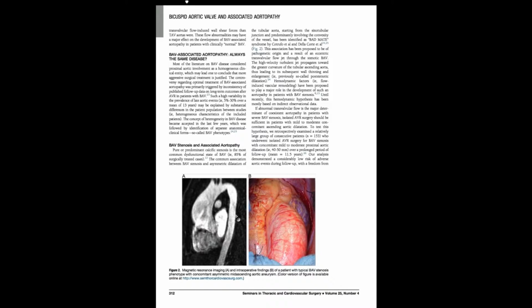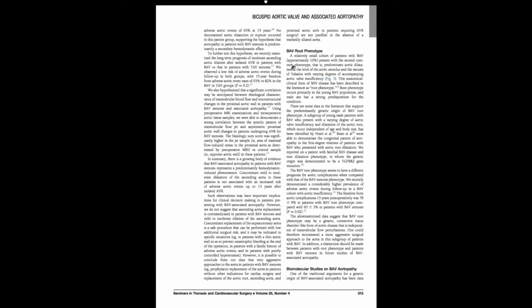And then there is the notion of what they call the BAV root phenotype, in which between the aortic annulus and the sinotubular junction, we have dilatation. And they speculate that the former has got to do with hemodynamics, whereas there's increasing evidence that the BAV root phenotype is more genetically determined and has a higher incidence of subsequent problems.